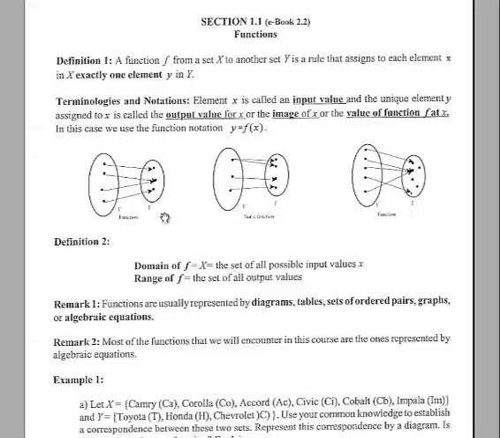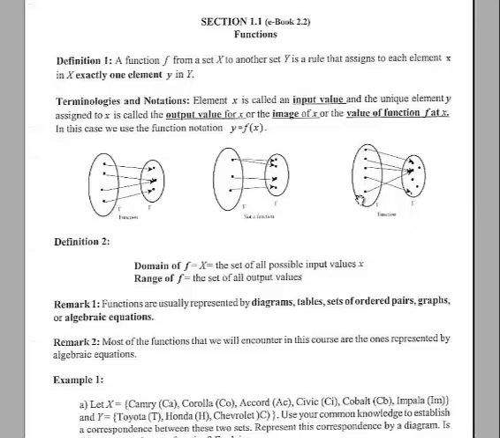In the first function, we've got four dots, and each dot has an arrow going away from it to a dot in the second oval. Each dot in the first oval only has one arrow going away from it, so it is a function. The same case with the last arrow diagram.